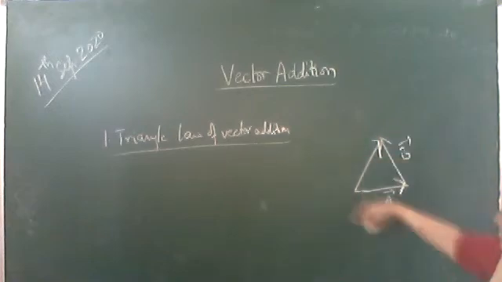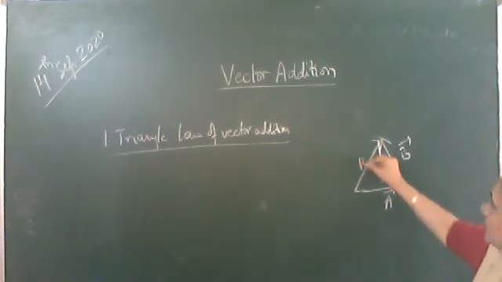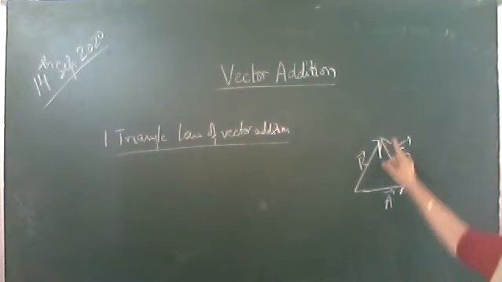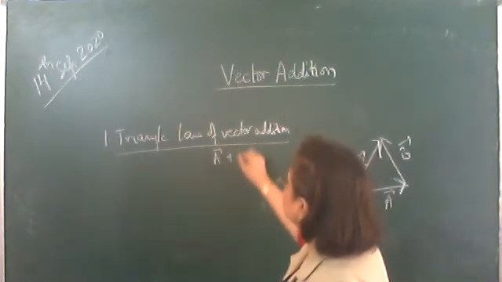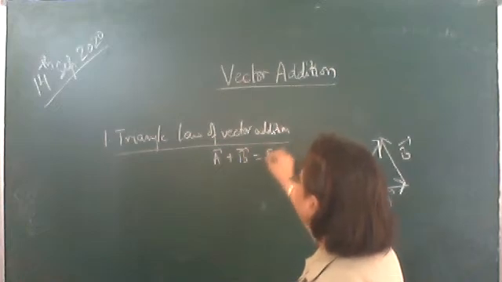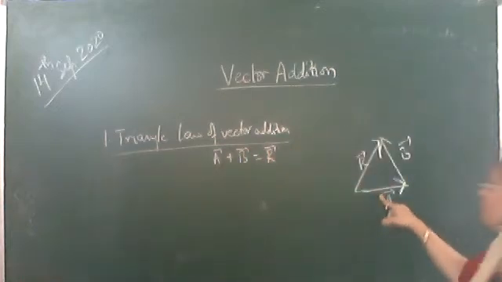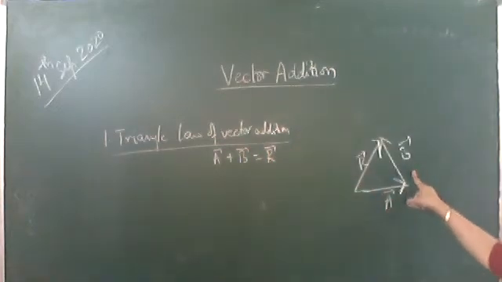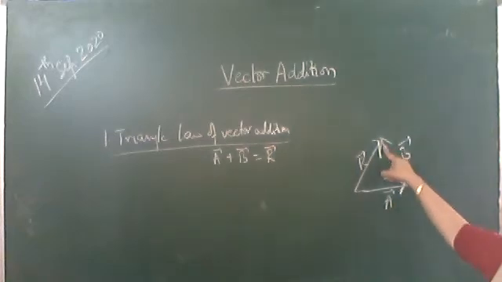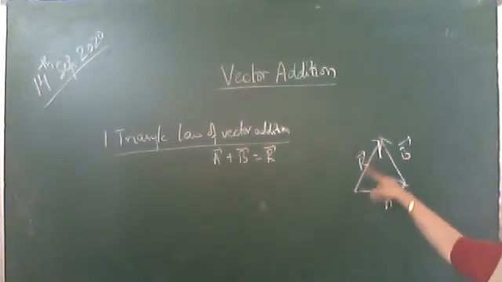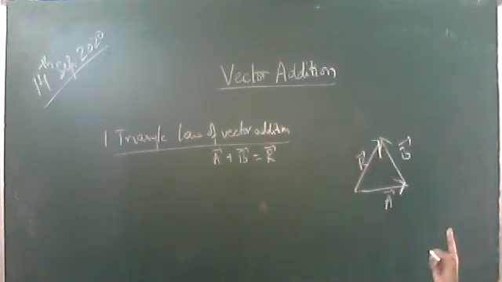The arrow we are not putting in the same order. That is, A plus B vector will be equal to R vector.